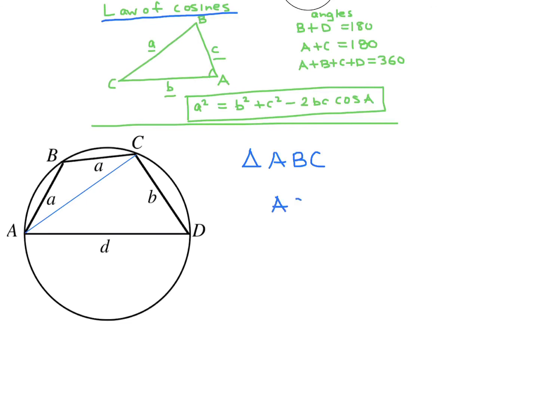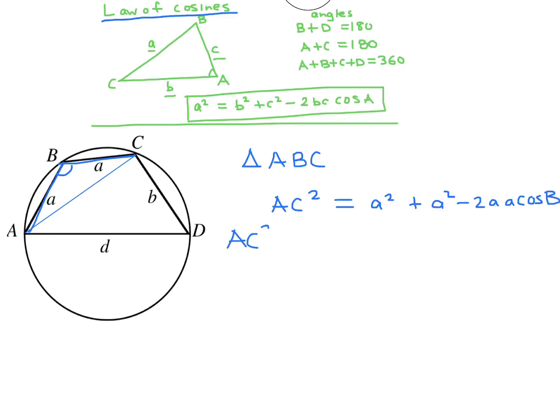We have AC squared, this side that I just drew, is equal to A squared, which is AB, plus A squared, which is BC, minus 2 times A times A cos of which angle? This angle right here, cos B. All right?